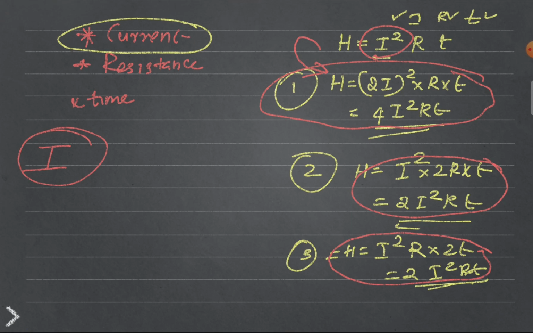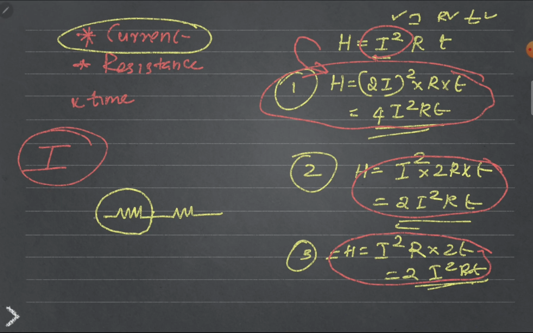You listen here. A and B are two beakers of 200 ml capacity. Each beaker contains 100 ml of water. PQ is a Nichrome wire. PQ is the wire kept in beaker A. And as I told you, that wire has higher resistance. You should keep in mind that if two wires are connected in series, the one with higher resistance produces more heat.